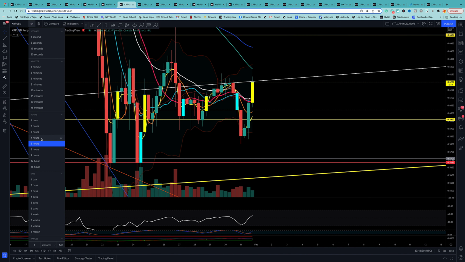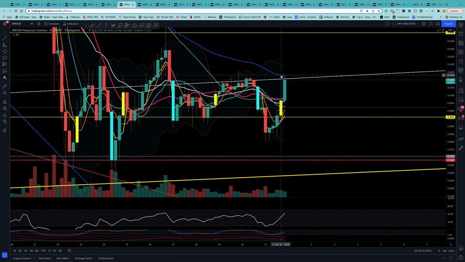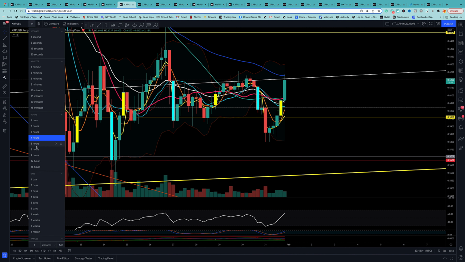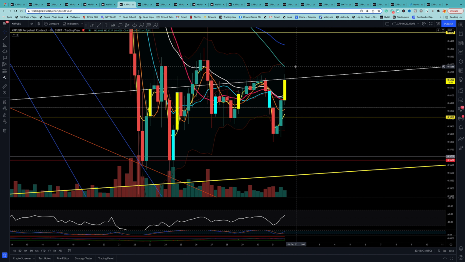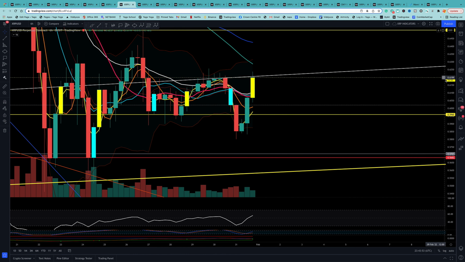My internet's a bit slow. Okay. And there's the 55 EMA being the rejection on the 4 hour. There's the 50 MA on the 6 hour. It didn't touch it, but it's there as a resistance.